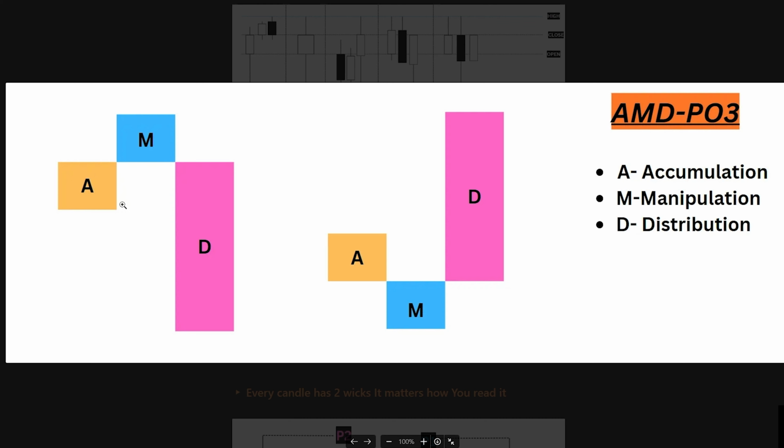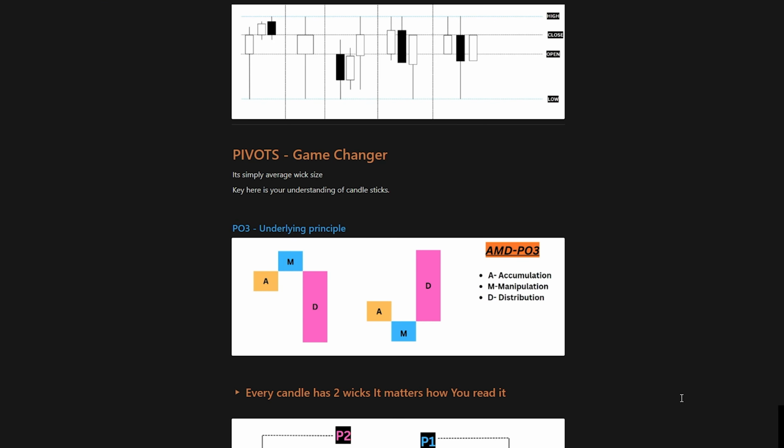The idea is that first the market goes in a range, then it manipulates somewhere, and then it starts the distribution or the expansion. Accumulation is the range, then it makes a downward move, that's manipulation, then it moves upward. That's distribution. So that's simple AMD. This concept is the basis of the pivots which I use. We'll jump into examples of how to use this PO3 a little bit later.